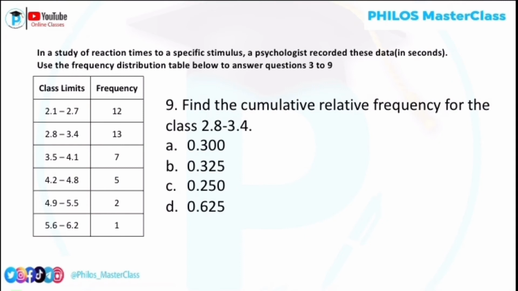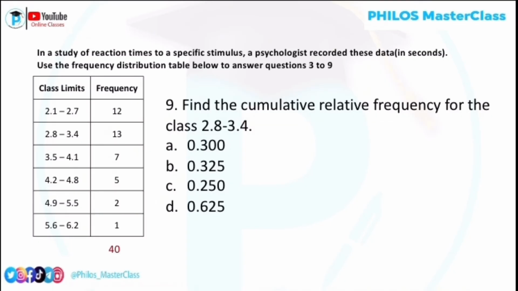This question says, find the cumulative relative frequency for the class 2.8 to 3.4. Please look at this question carefully. We solved a question which asked us for cumulative frequency, and we also solved a question asking for relative frequency. But this particular question is asking for cumulative relative frequency.